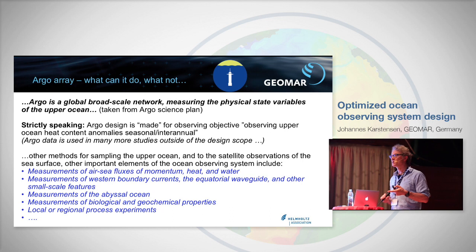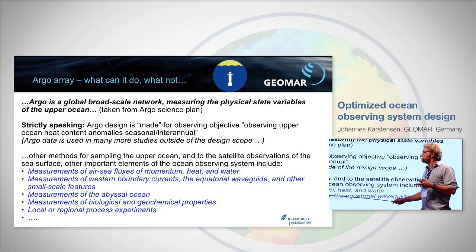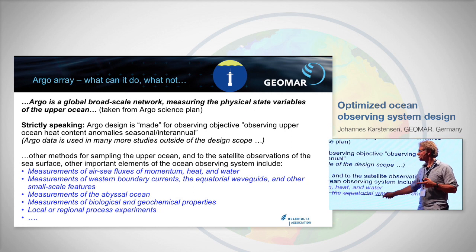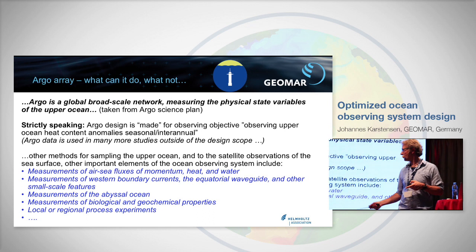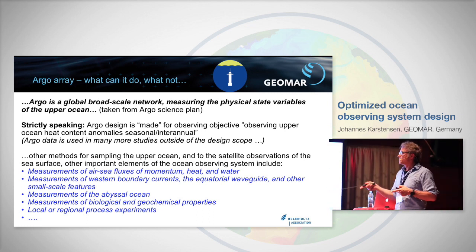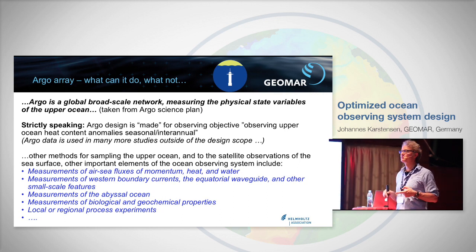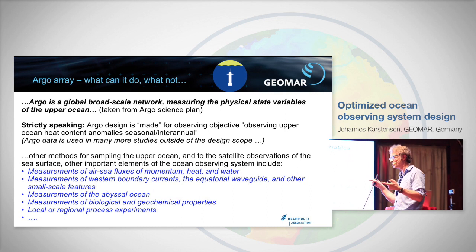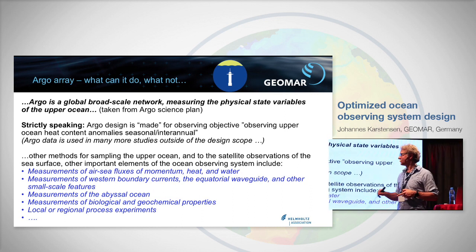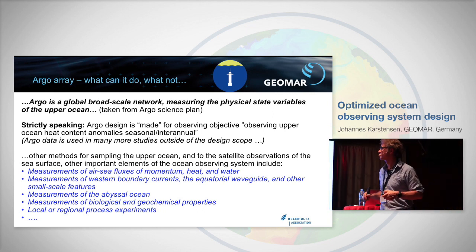You need to measure western boundary currents, which are probably not very well measured with Argo floats, depending on your scientific objective, or the equatorial waveguide likewise, and in particular also small-scale features. For the abyssal ocean, it is also a question whether Argo is really the solution, and the same is true, as I just mentioned, for biology and biogeochemistry.